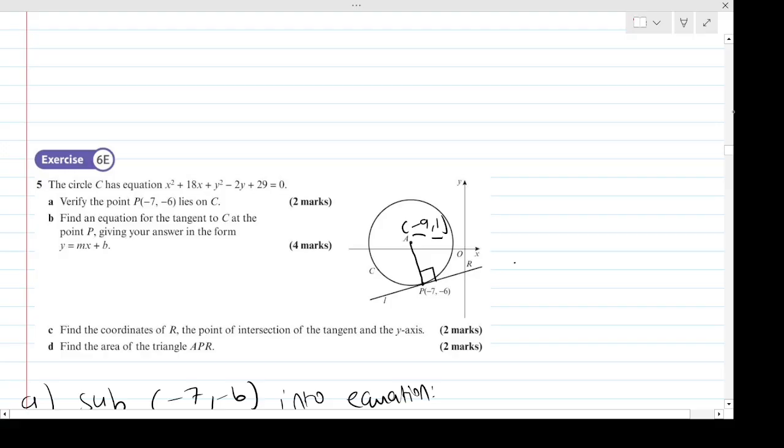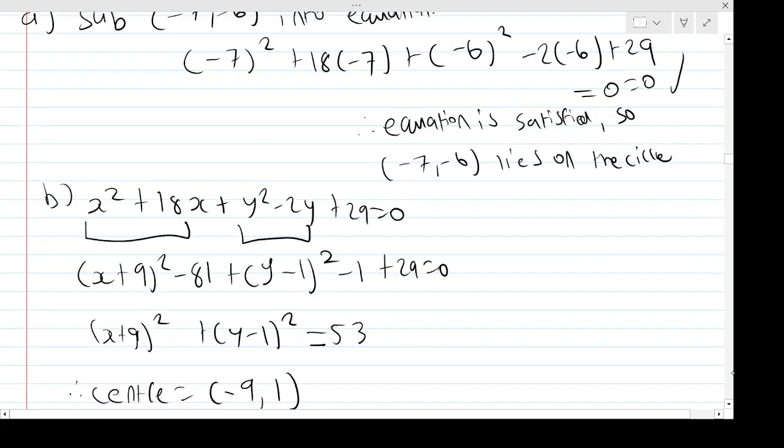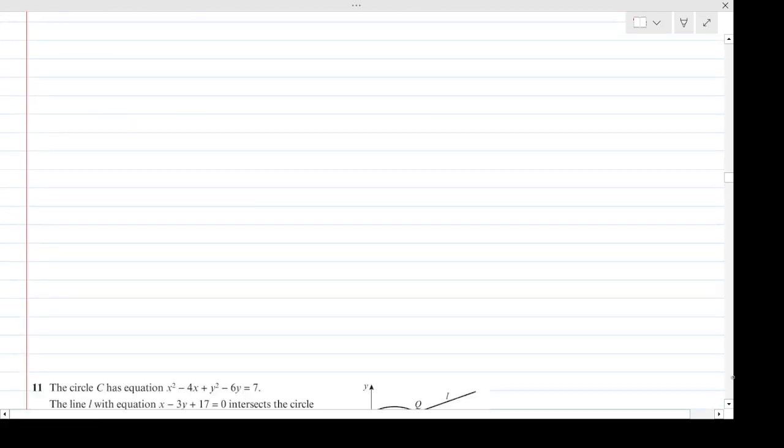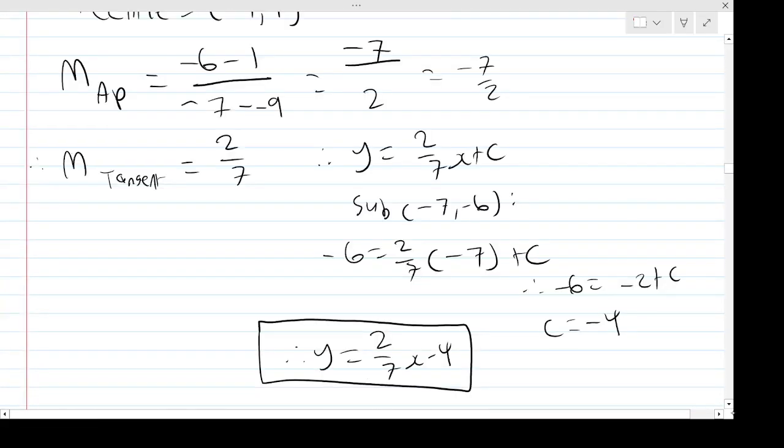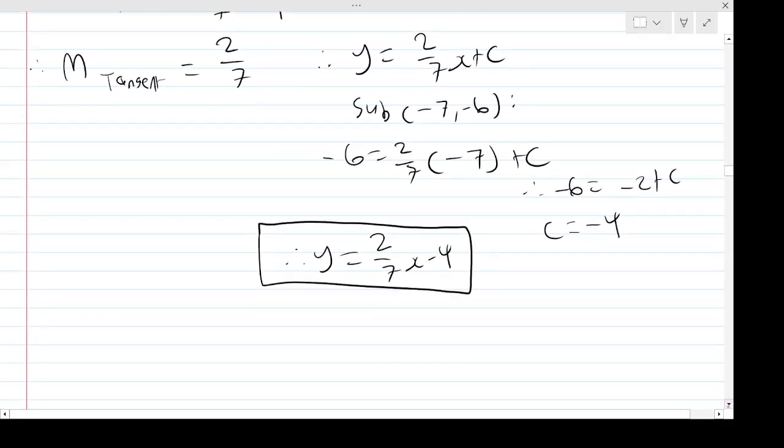Okay, so it's on the y-axis. So if it's on the y-axis, x is 0, and then we have a y coordinate there. Now again, that point R lies on the tangent we just worked out. We can substitute that point in, 0, y. So for part C, I'm going to sub 0, y into the equation.